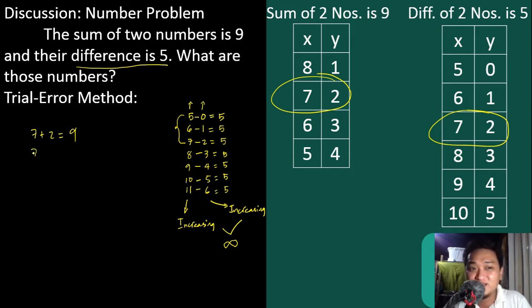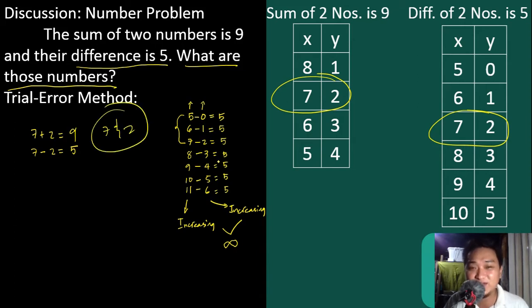That is 7 minus 2, that is also 5. Meaning, kaya na nating sagutin yung tanong na, ano yung number na pagka inadd mo daw 9 at saka pagka sinubtract mo 5. So those numbers are 7 and 2.